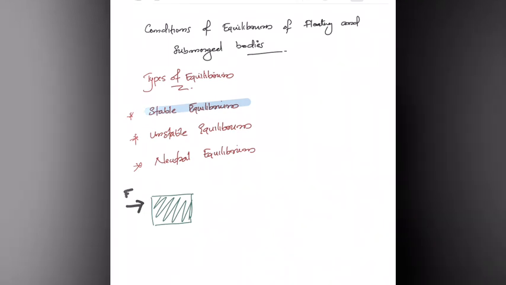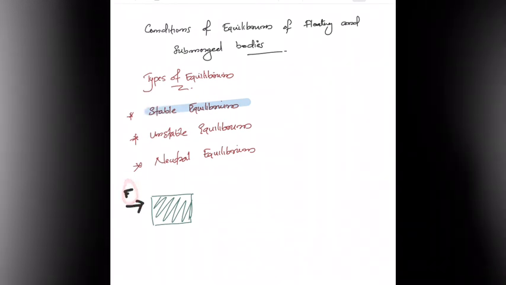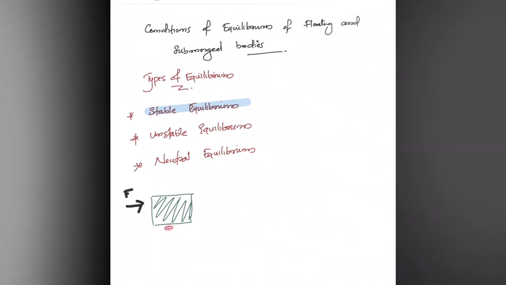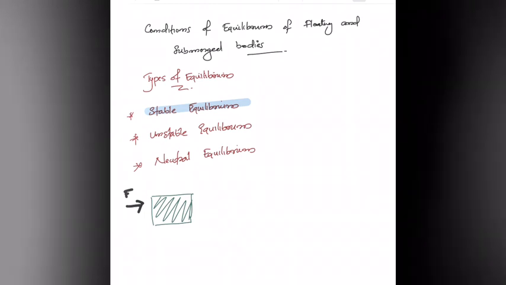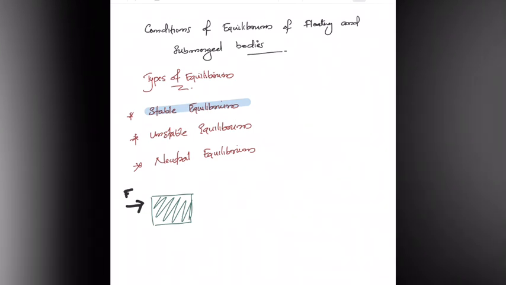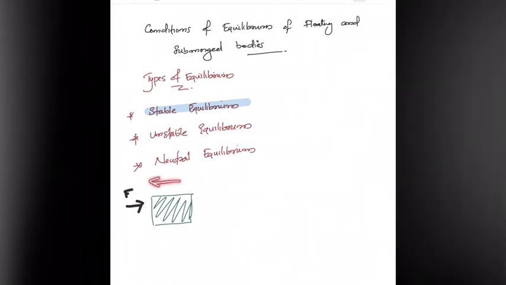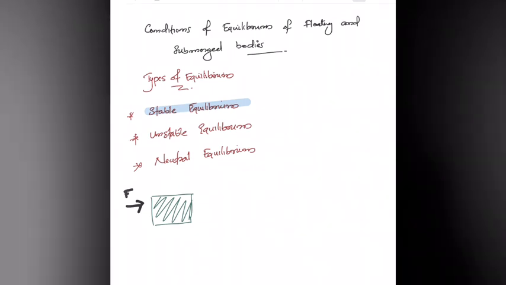That is, by the application of this force, its equilibrium state will be changed. It will be displaced from this position to this position. And during that, if the box is in stable equilibrium, the box will experience a net force or a torque in the direction opposite to the direction of displacement. That means it comes back to its original position when this force is removed.